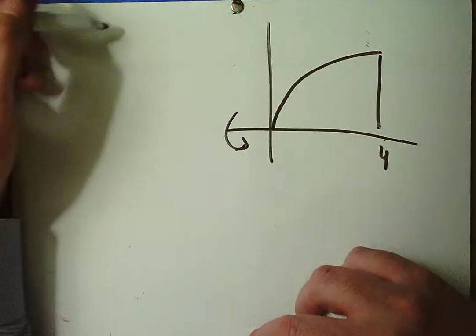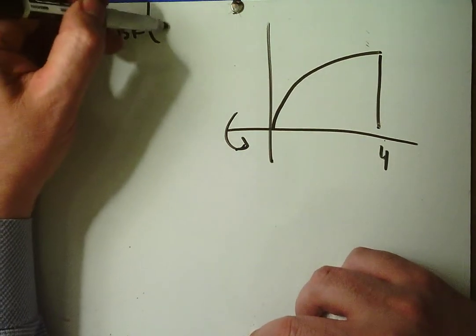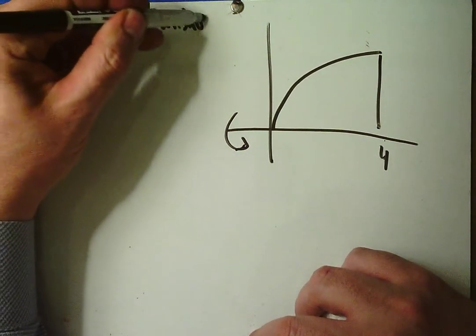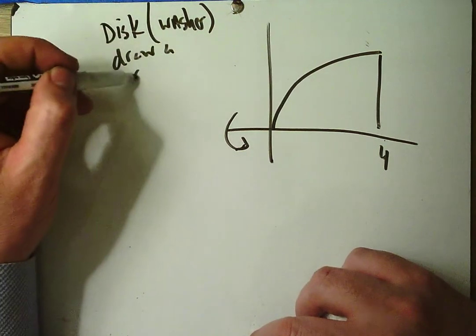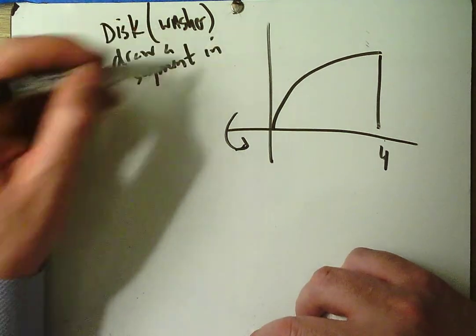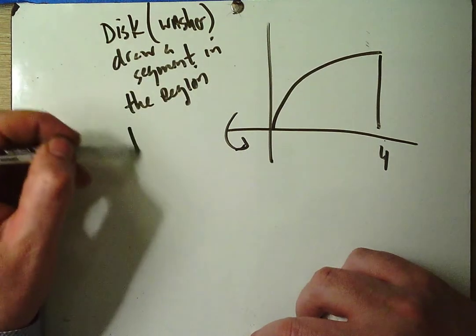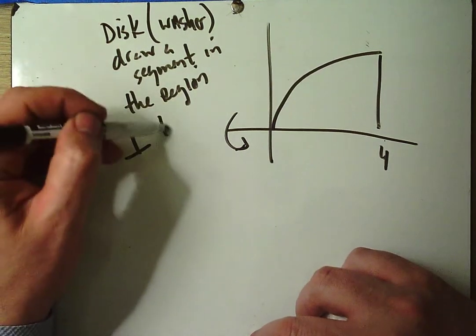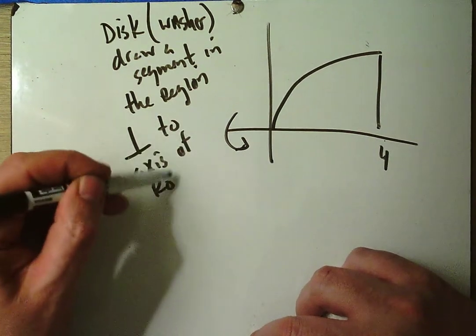So when I do a disc or a washer, I draw a segment in the region perpendicular to the axis of rotation.